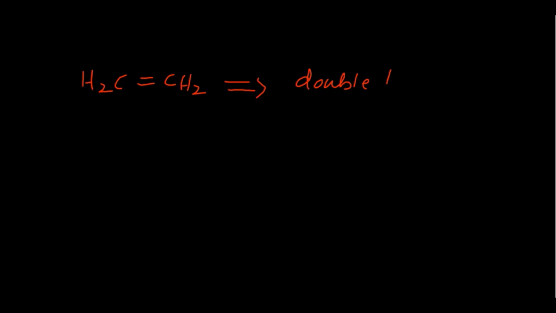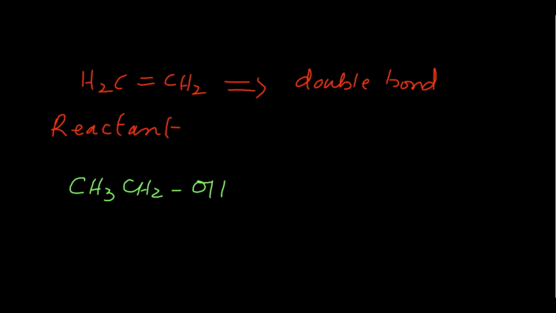Double bond. Right, students? And what is alkene here? In this reaction, alkene is a reactant. Reactant has a double bond. Now let's see what product is formed. If we add water to alkene, we get this product CH3 CH2 OH. Students, hydroxyl group is present in alcohols. So which functional group is present here?